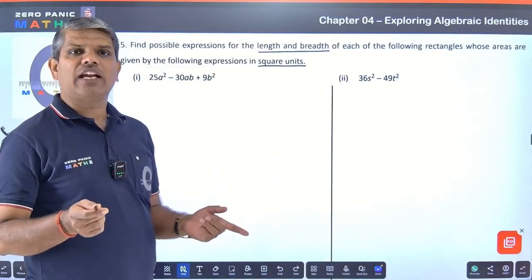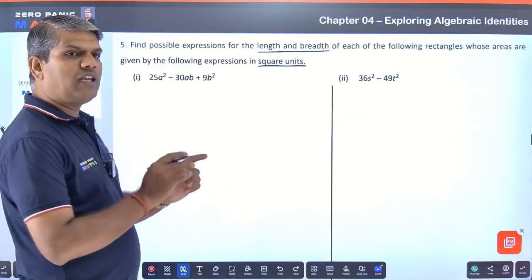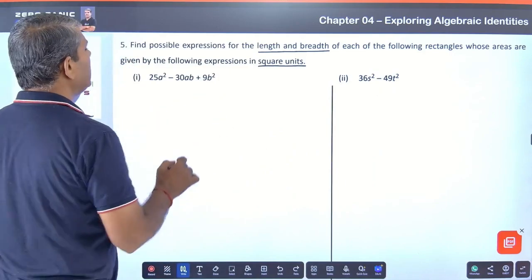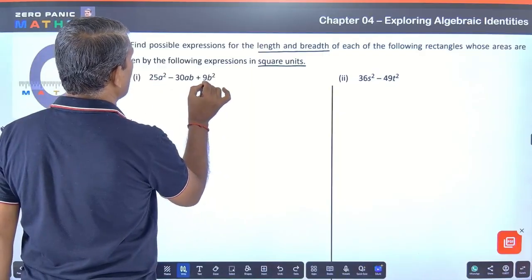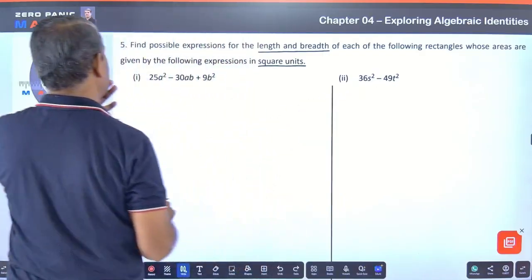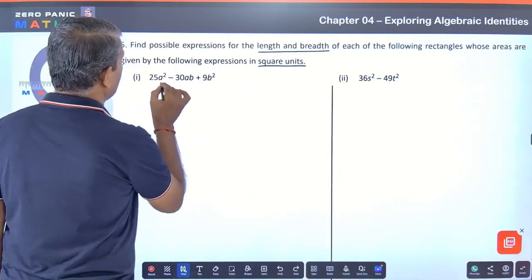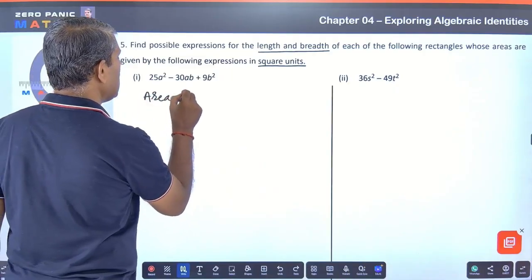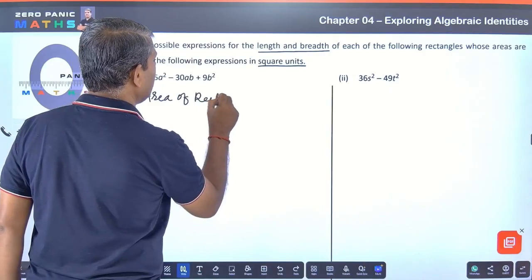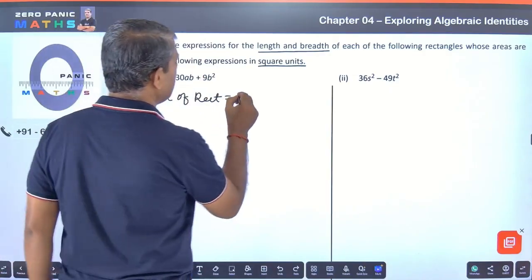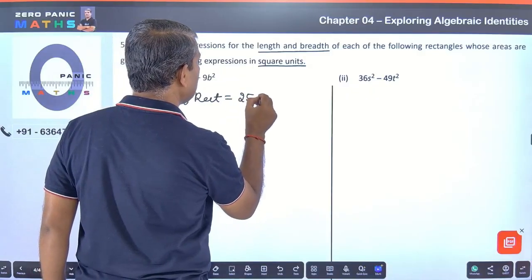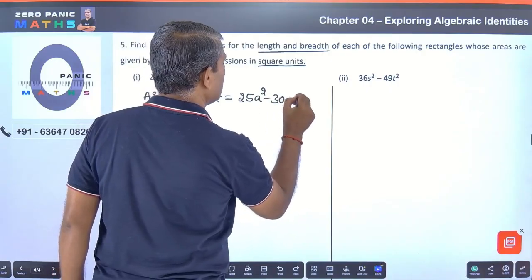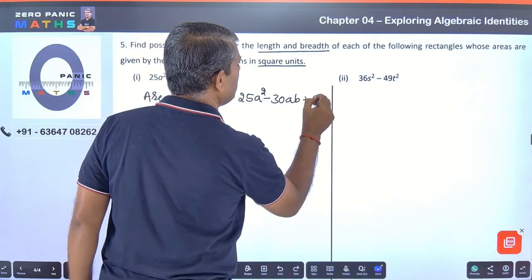The area of the rectangle, as you know, is calculated by multiplying side 1 and side 2. There are two different sides, and this is the area of one rectangle. Now the area of the rectangle is given by this expression, that is 25 a square minus 30 ab plus 9 b square.